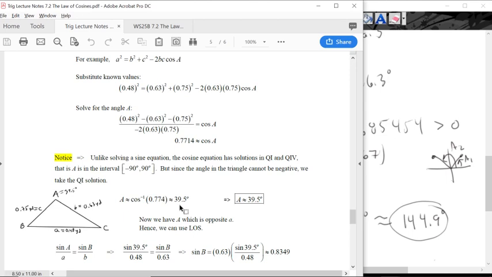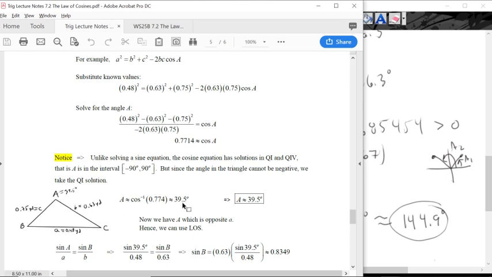This is reiterating what I was just saying, but saying it in a different way. We do not need to consider 180 degrees minus this. Why? Because cosine of a quadrant 2 angle would not be positive. This equation doesn't have a quadrant 2 solution because cosine is not positive in quadrant 2.